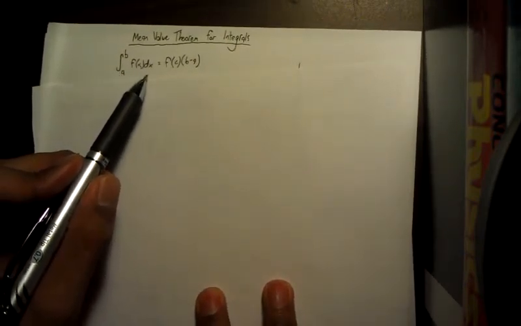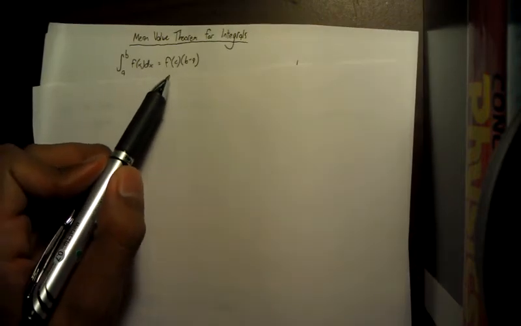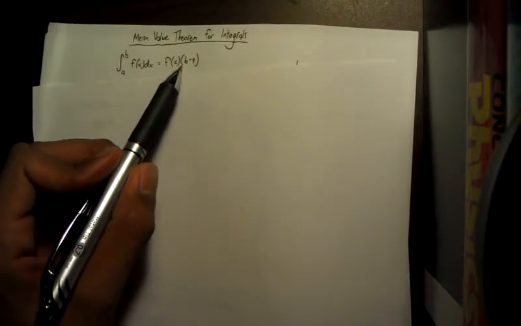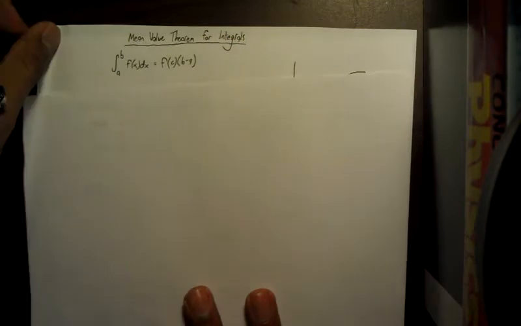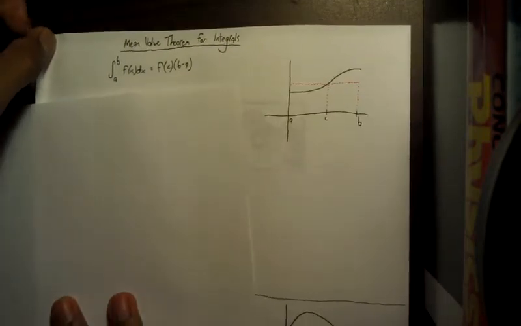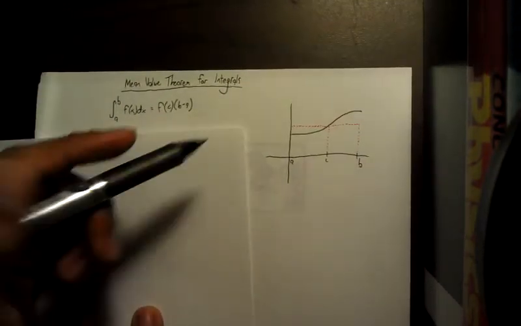Another topic in 4.4 is the mean value theorem for integrals. And what it states is that the integral from a to b of f of x dx is the same as f of c times b minus a. So here's just a picture of it.